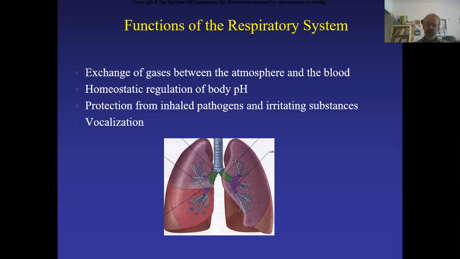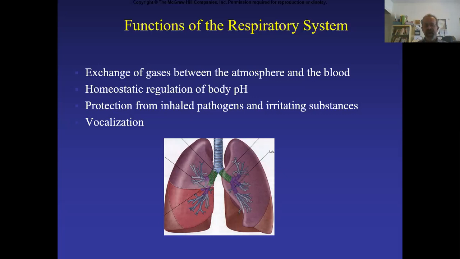Thirdly, and this is primarily due to the structures of the respiratory system, while we're breathing oxygen in, we're also bringing in the rest of the air. And the air, of course, even though it's not too bad in San Diego compared to LA where I grew up, has particles, stuff that we don't want.